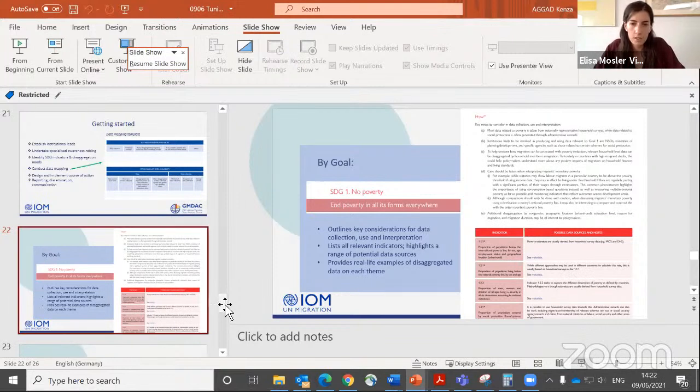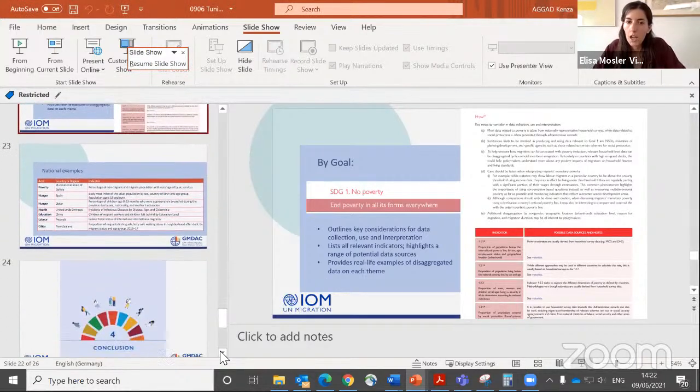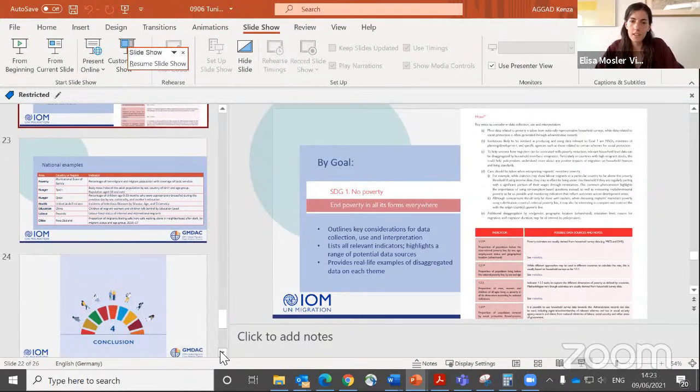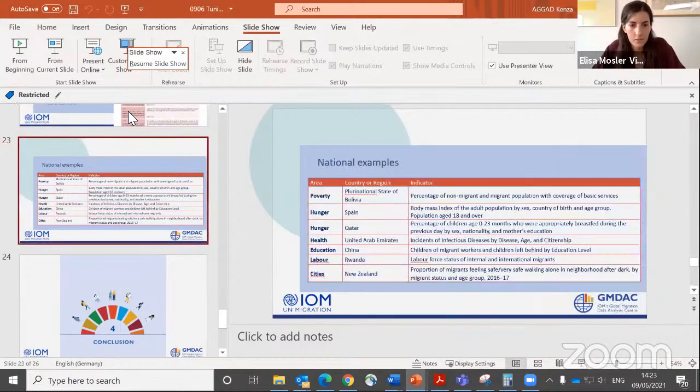But I just wanted to give you a snapshot of just one, which is on poverty, and to give you a little bit of a flavor of the guidance that we have available to download for you, because we really hope this can be helpful for you. And so what we've done is list the different indicators that relate to, for example, poverty, and looked at different data sources, different pitfalls, different common solutions as well, that other countries have also found useful when disaggregating data in that sector. Next slide, please.